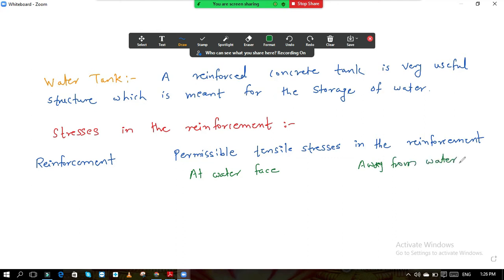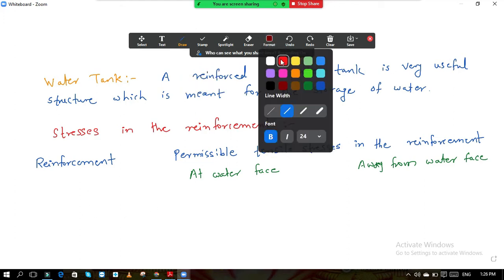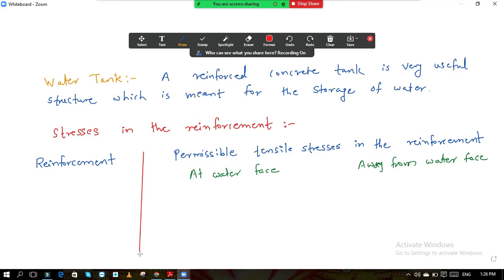You know that at the water face the pressure is high. Now for the different grades, I will make the columns. So this type of table it is.